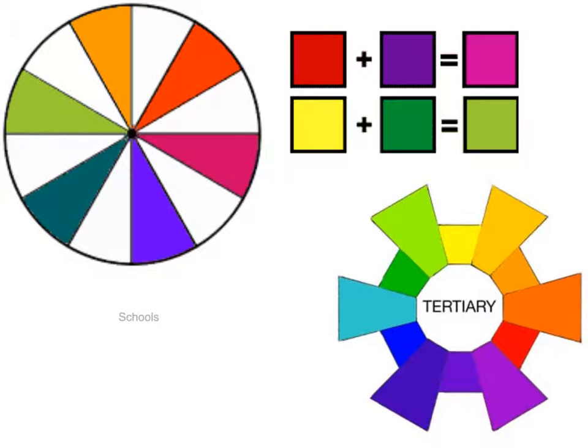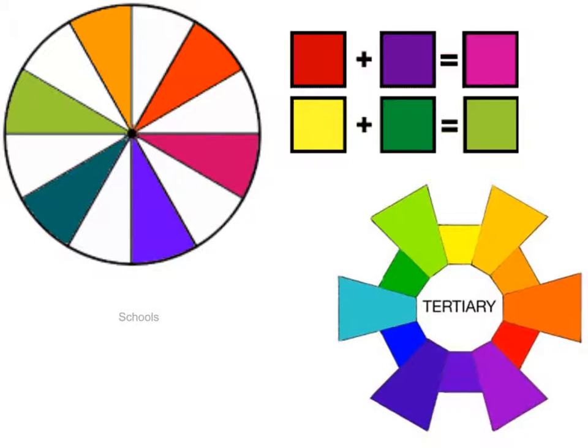Let's say they mixed any secondary color with any primary color, right? So if we took red and mixed it with purple, which is a secondary, we would get, wait a minute, what's the name of that color? Oh, right, tertiary colors don't have names. So, primary colors have names, red, yellow, blue.